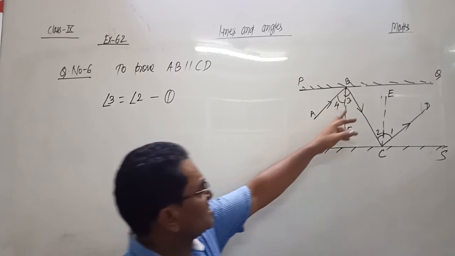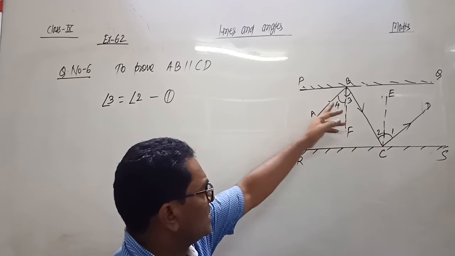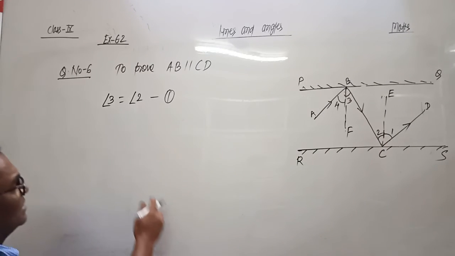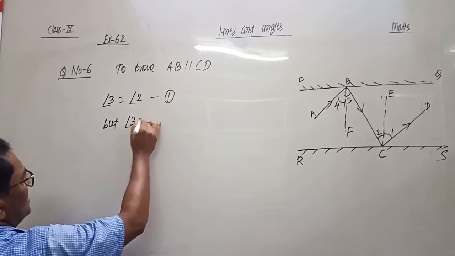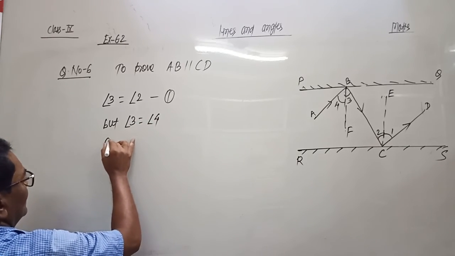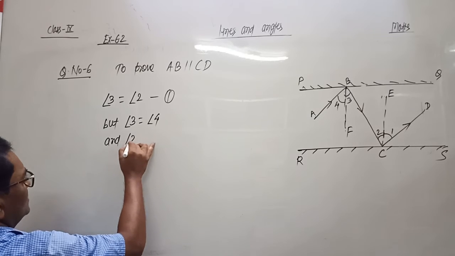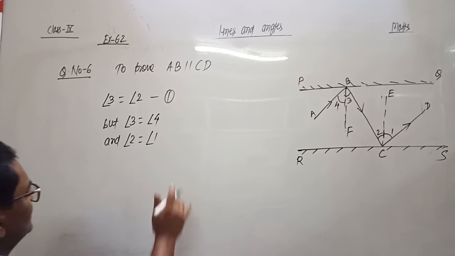But angle 3 is also equal to 4, and angle 2 is equal to 1, because these are the bisectors. Angle 3 equals 4 and angle 2 equals 1 because angle of incidence equals angle of reflection.